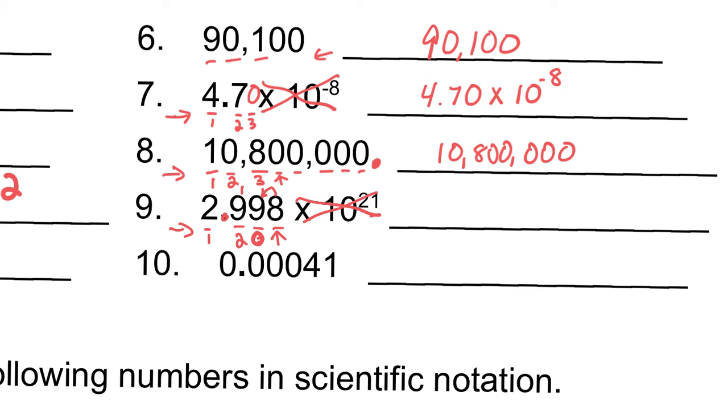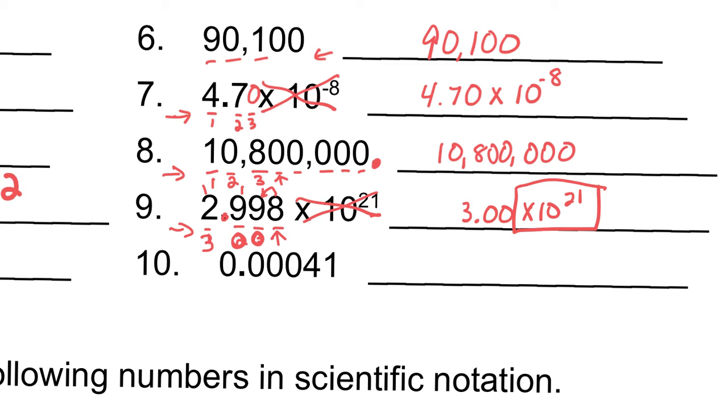Carry the 1. 1 plus 9 is 10. Carry the 1. And that's going to become a 3. So this number is going to be 3.00 times 10 to the 21st. So when I'm rewriting my number, I have to have this part in my number because that's part of what my number is. You can't just leave that off.